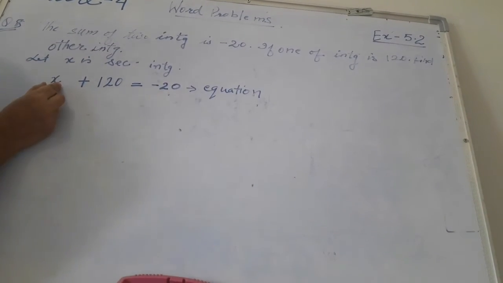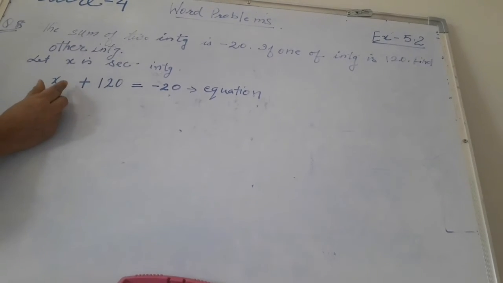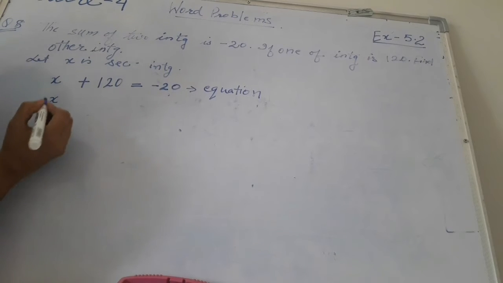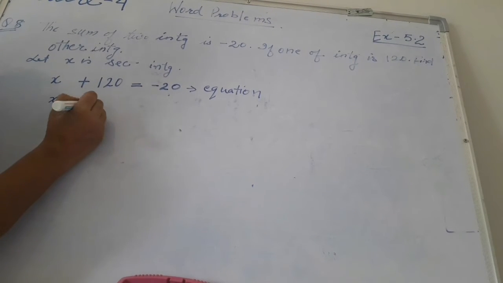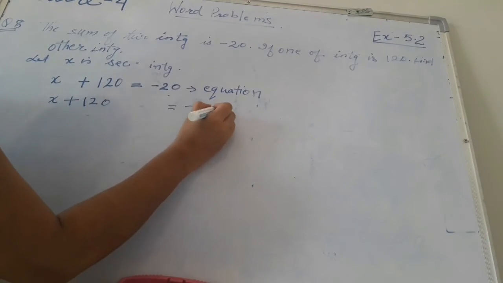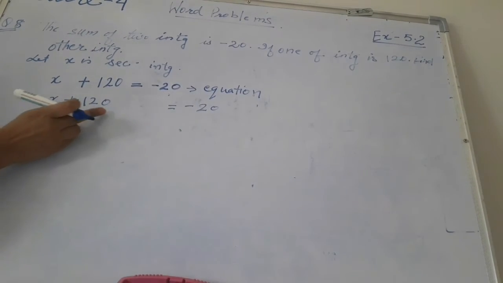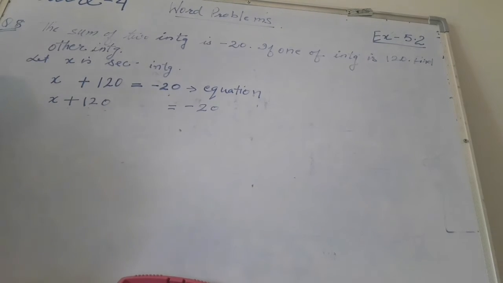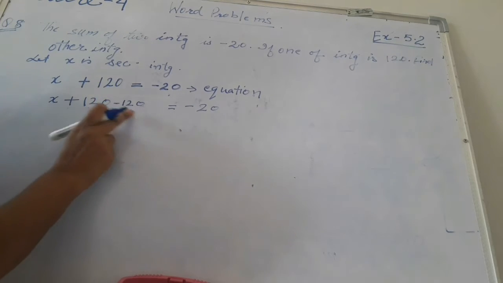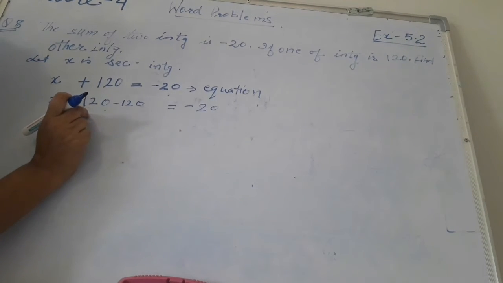Now my aim is I want to keep my x alone. How will I keep my x alone? Students, see this. This is your new concept. You are having this expression and you want to remove this 120. Okay, students, what you will do: if you subtract 120, you will remove this 120.